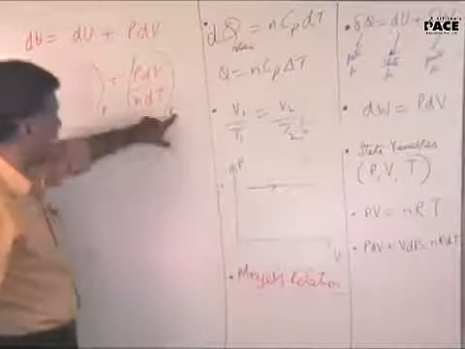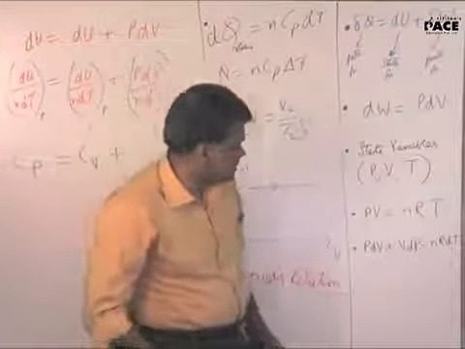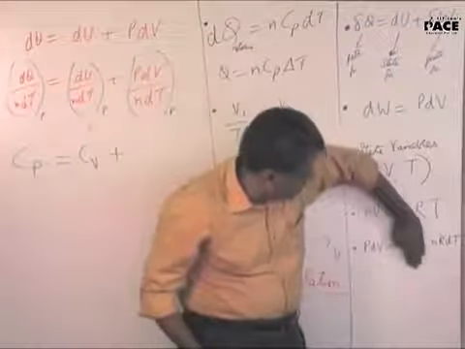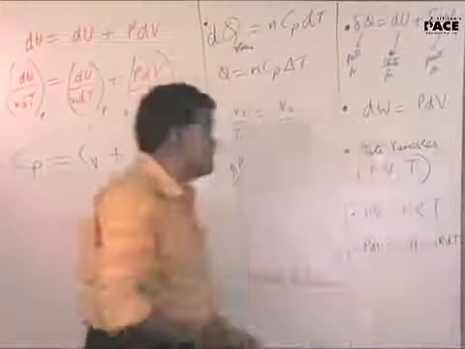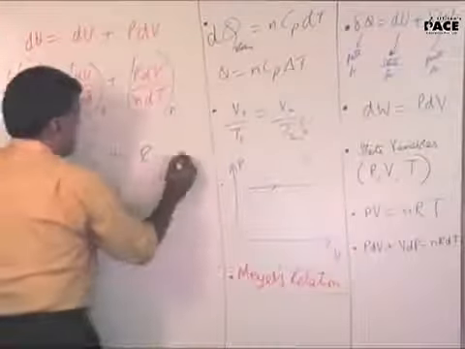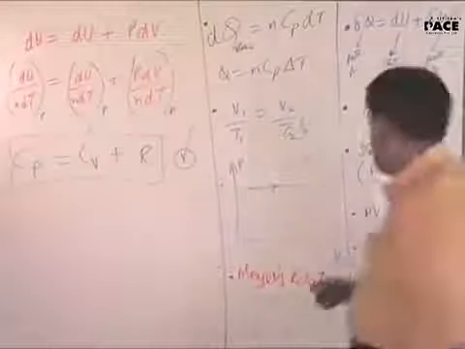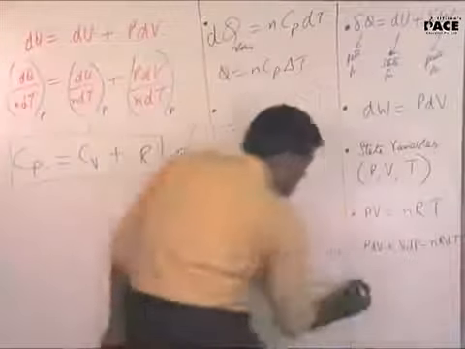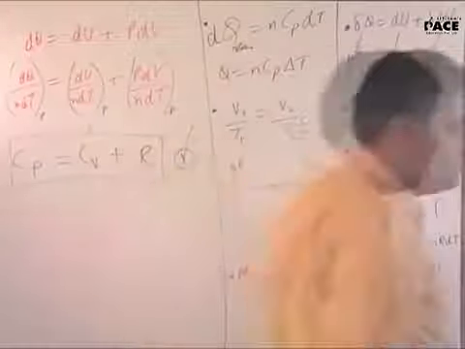If it's an isobaric process, what will be the value of dP? dP is 0. So what do you get P dV by n dT as? Well, that's it. That's the derivation for Mayer's relation. We'll write that down also because that's always valid. Things which are always valid, I'm writing here. We proceed.